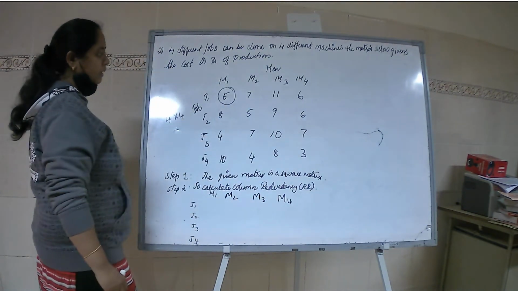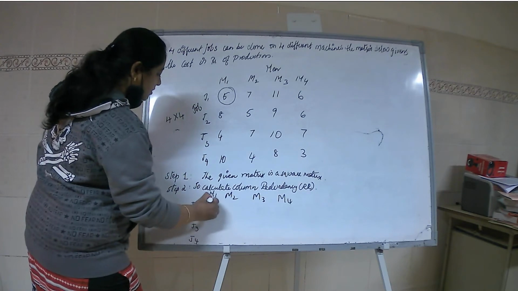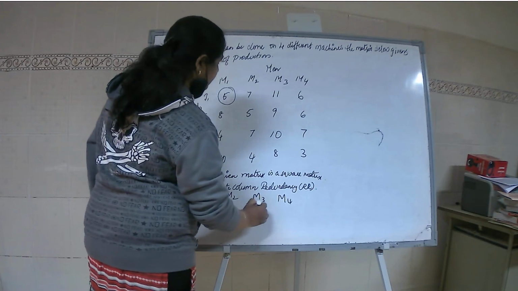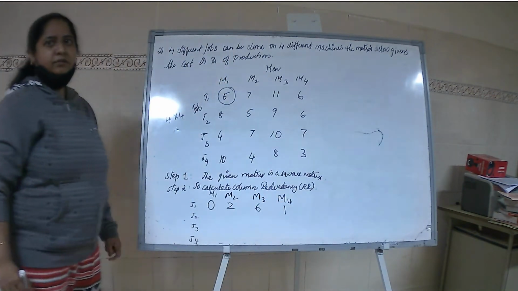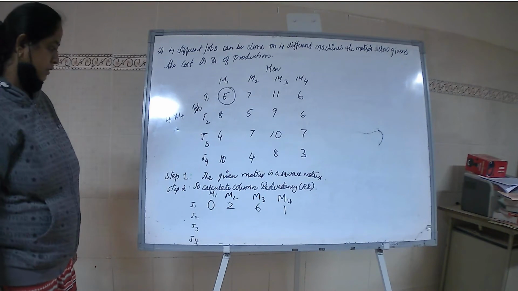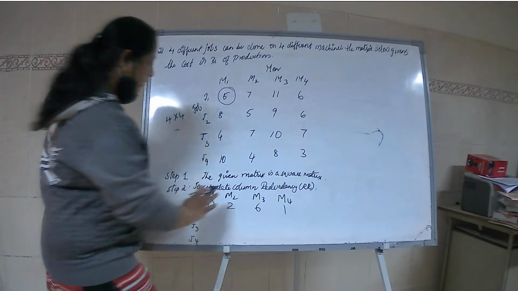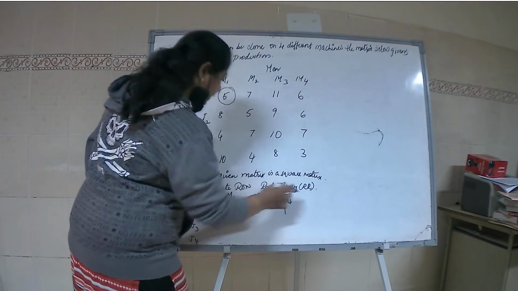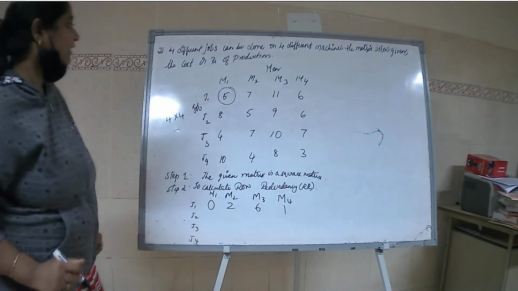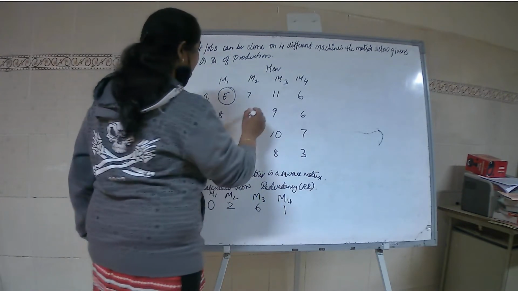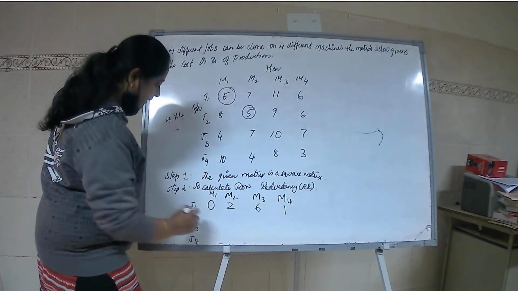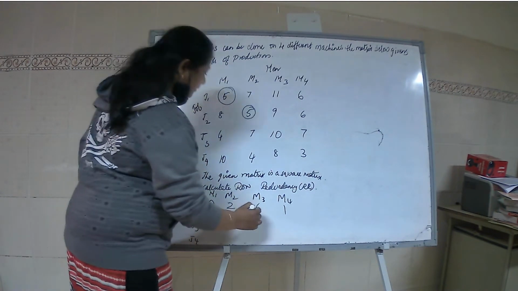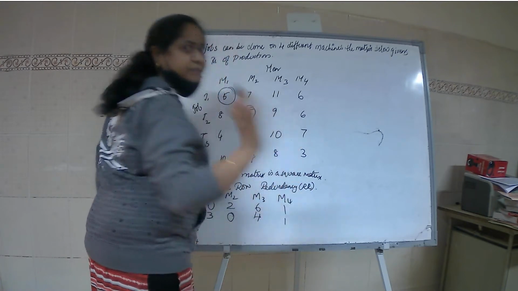5 is the minimum value. So the first row is 0, 2, 6 and 1. Here this is row redundancy, I have written RR. The next minimum value is 5, so here it is 3, 0, 4 and 1.